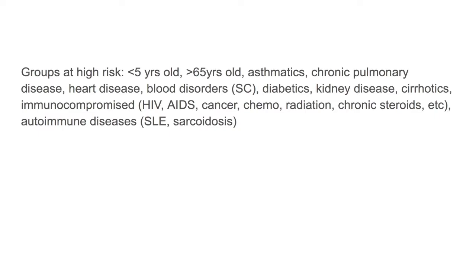So the groups at the highest risk of having complications are children less than 5, especially less than 2 years old. Those are the ones that we usually try to prescribe Tamiflu to, so they will get through the influenza period faster and not go through complications. Groups over 65 years old, asthmatics, any lung disease, really COPD, or even cystic fibrosis that we don't really consider very much given the patients that we usually see here.